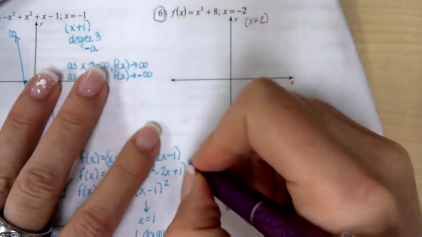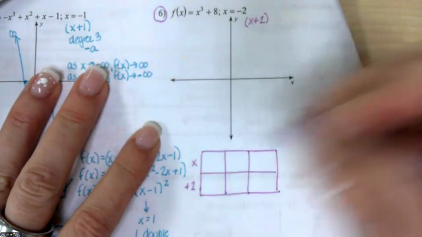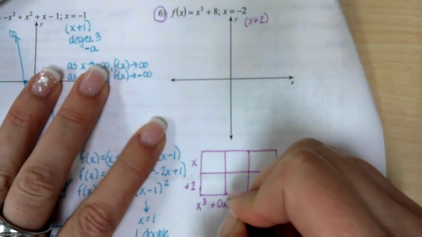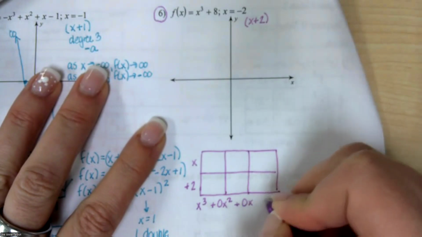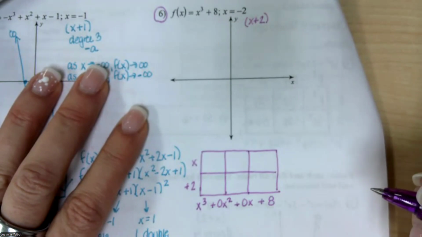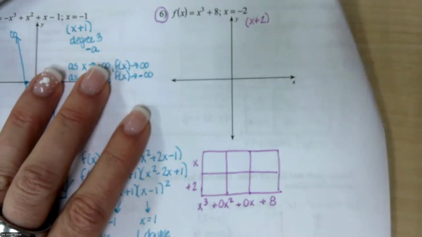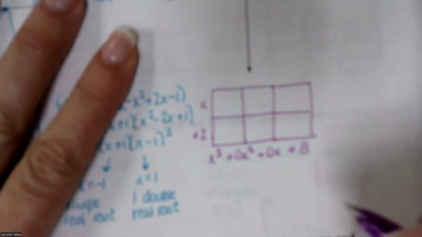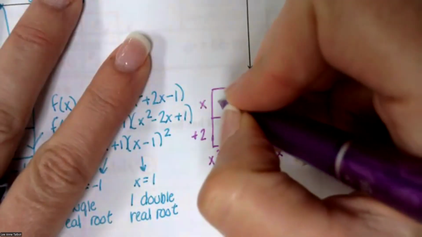Okay. So I'm going to put x plus 2 on the side. And then on the bottom, I'm going to put x cubed plus 0x squared plus 0x plus 8, just to fill in all the spots. Is that required? No, it's not, but it helps. Okay.